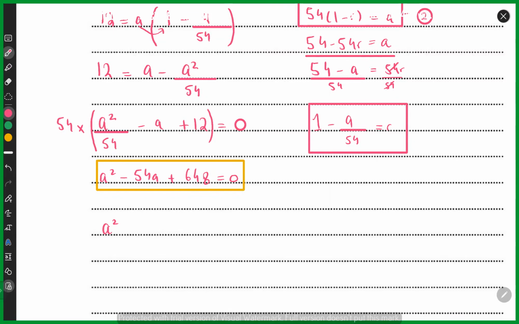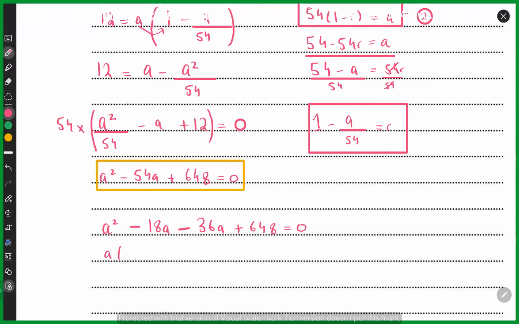After thinking about it, I would be able to see that when I add 18 and 36, that gives me 54. And when I multiply the two numbers, I would get 648. So minus 18A minus 36A plus 648 is equal to 0.